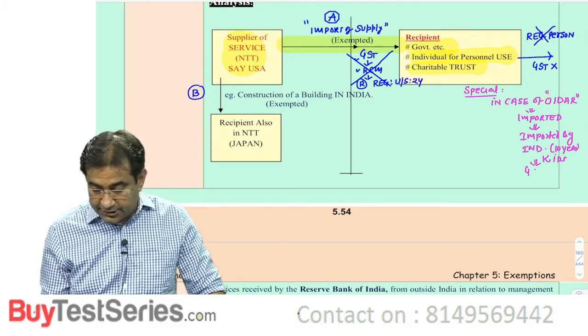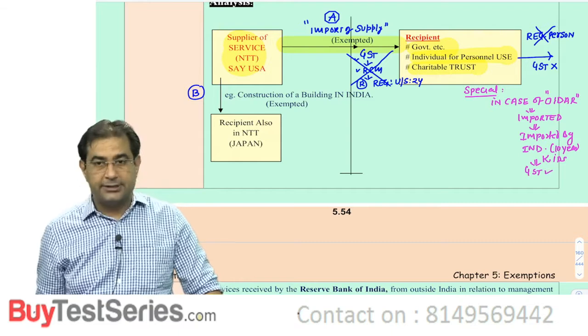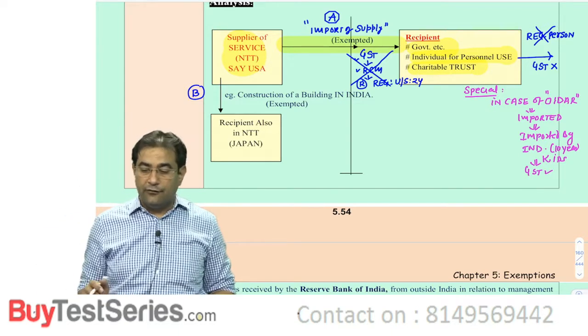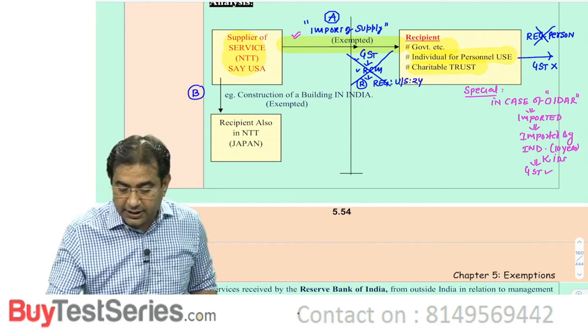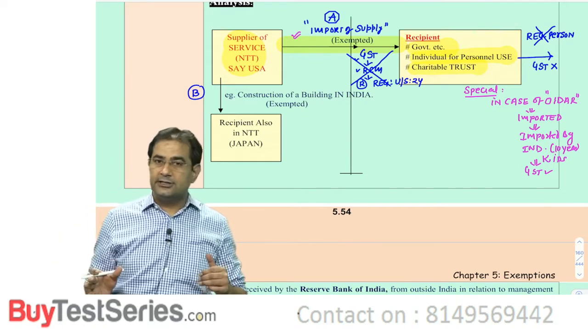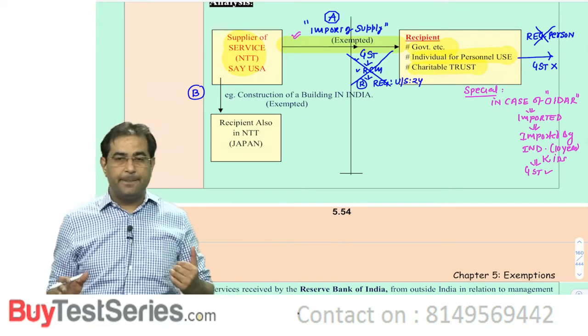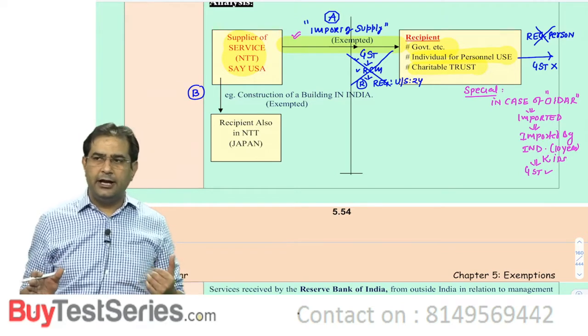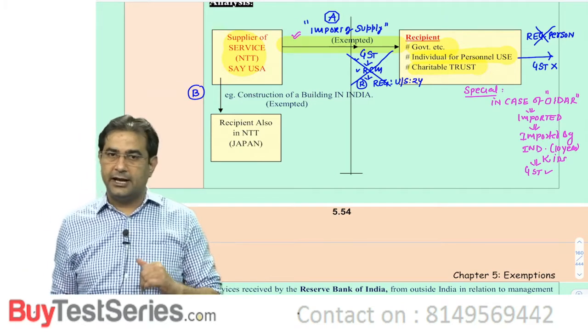We have already discussed this point. But the point is this: at this moment, one of the exemptions given here says that where the supplier is located outside India and the recipient is in India, any kind of import of services is exempted.